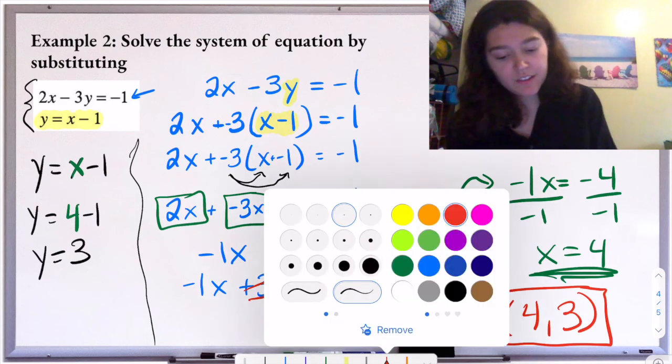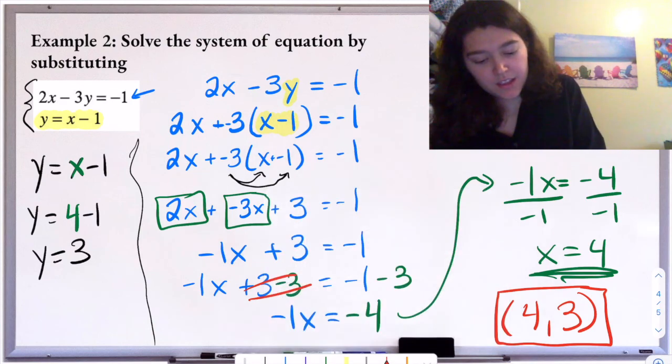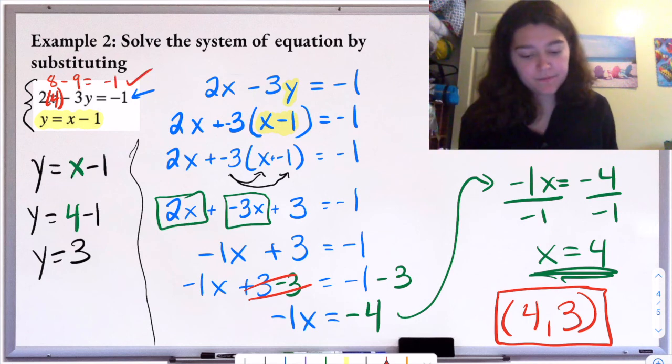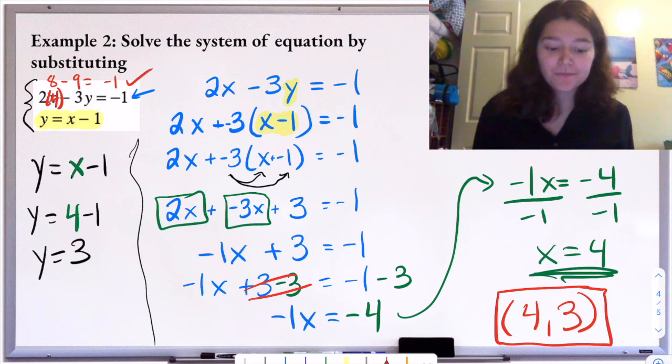You can see if I make that x 4, I'm going to get 8 minus 3 times 3, that's 9, and 8 minus 9 is negative 1. And of course it works there too. Okay?